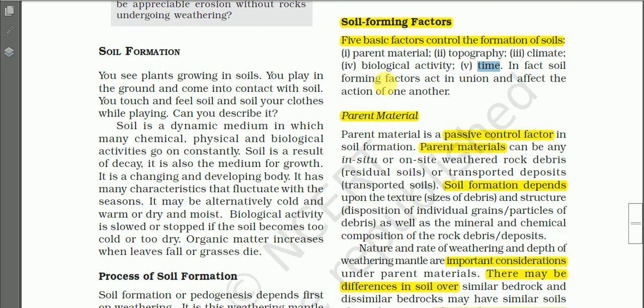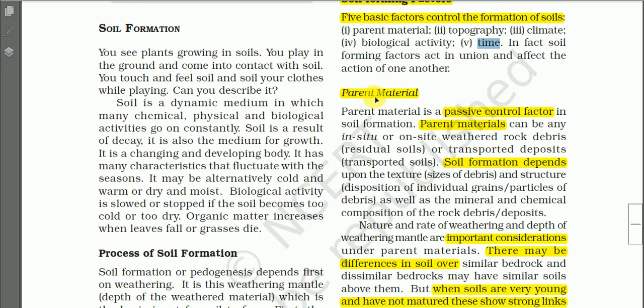So the first important factor is the parent material. Parent material is a passive control factor in soil formation. Passive control factor means that another external force will act on it, and this material will simply decay and form soil, and that is why it is known as a passive control factor.